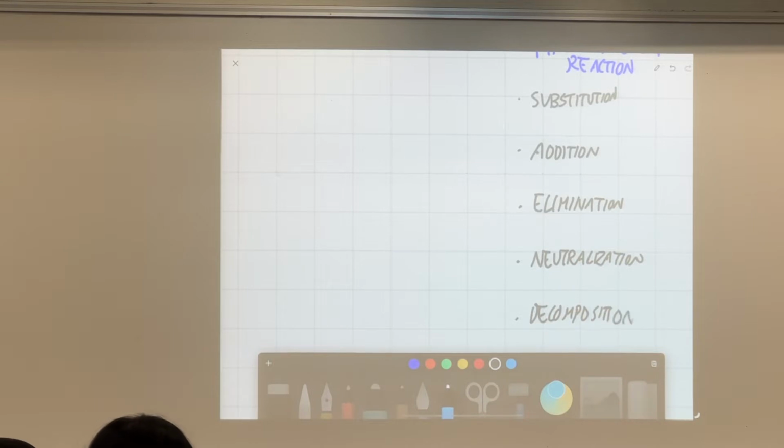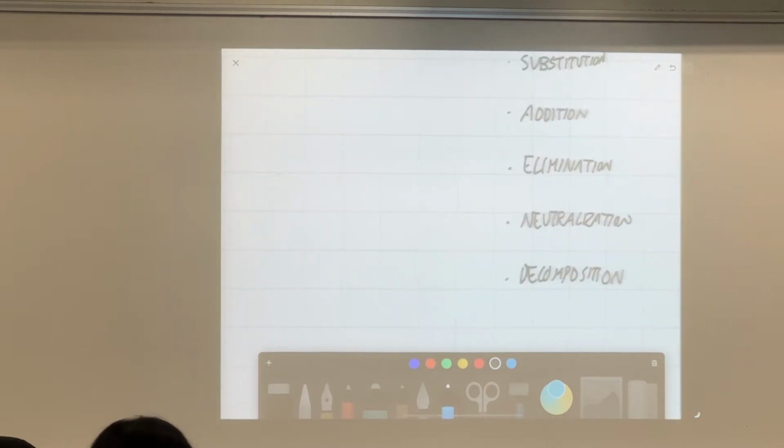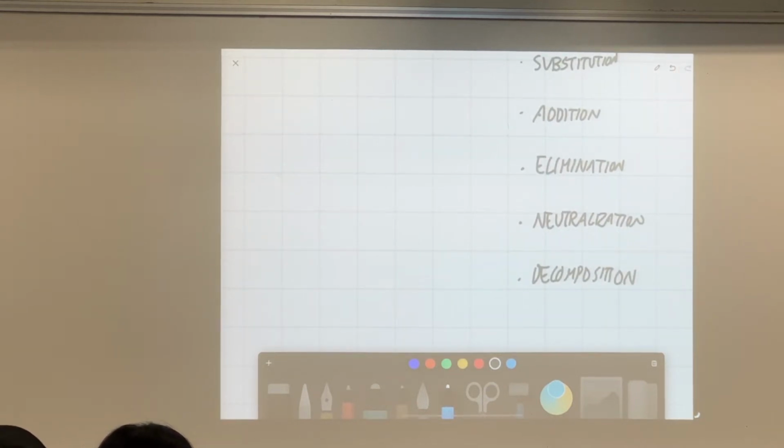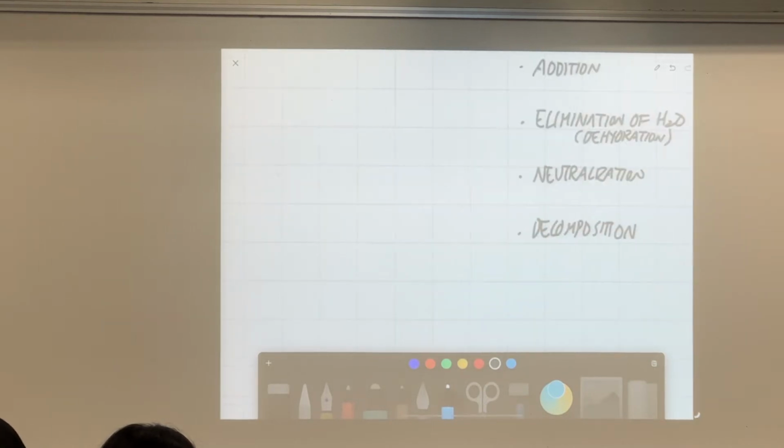And sorry, what was it? Oh, what's elimination? Elimination of water. Do you remember concentrated sulfuric acid? It can dehydrate alcohol. So elimination of water would be dehydration. Right, and then there's one more.